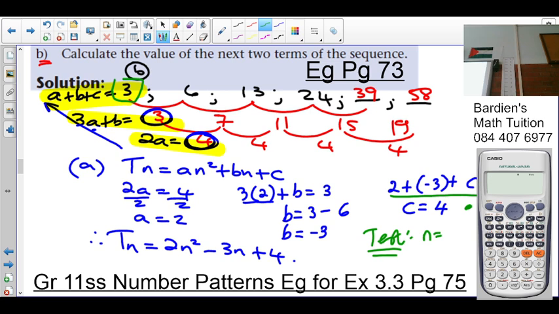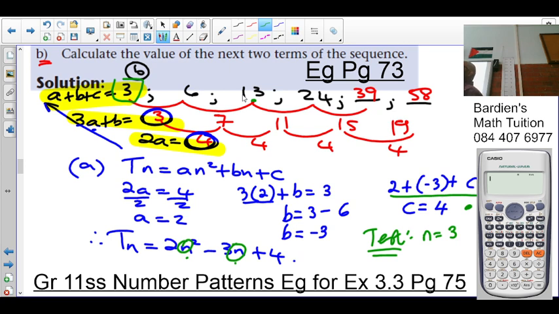I normally go with term 3 or 4. So I'll go with 3 today. Wherever I see an n I put a 3. Once I substitute 3 in here for term 3, what should I get as an answer? 13. So that is term 3. What if I had to substitute 4 when I see n? Then what should the answer have been? 24, if it's correct. If it gives me any other value, it is then incorrect.